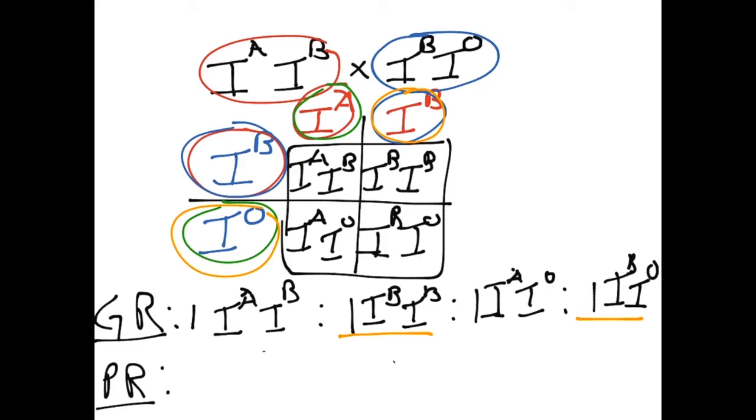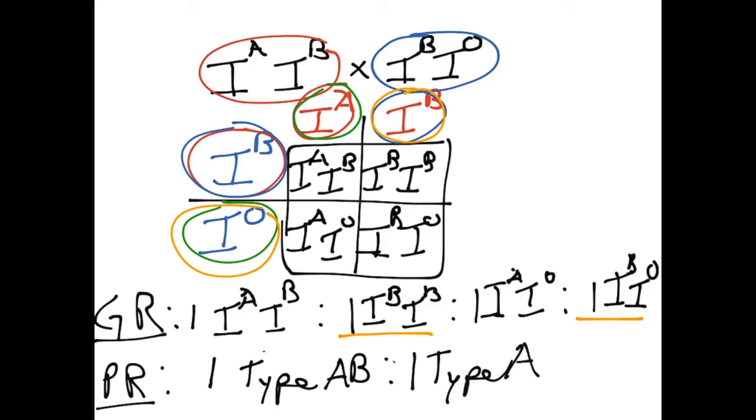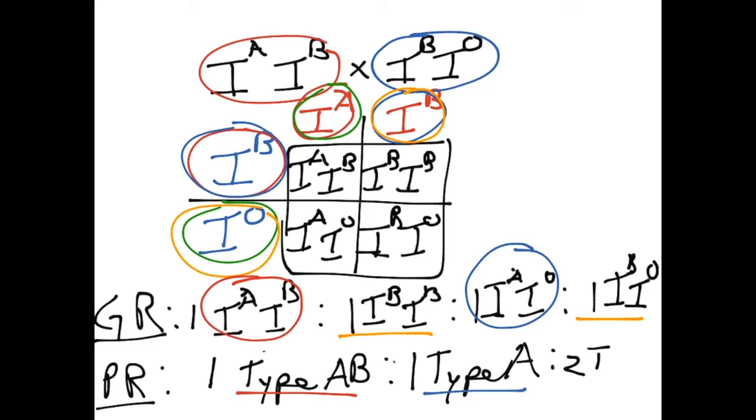We would have 1 type AB to 1 type A, that's this guy right here. Okay, AB would be this guy right here. And then our last one would be 2 type B's, and those are from these two, here and here. So we have 1 AB to 1 A to 2 B's.